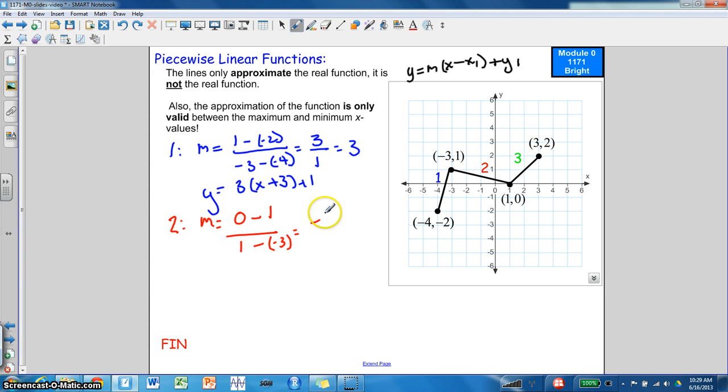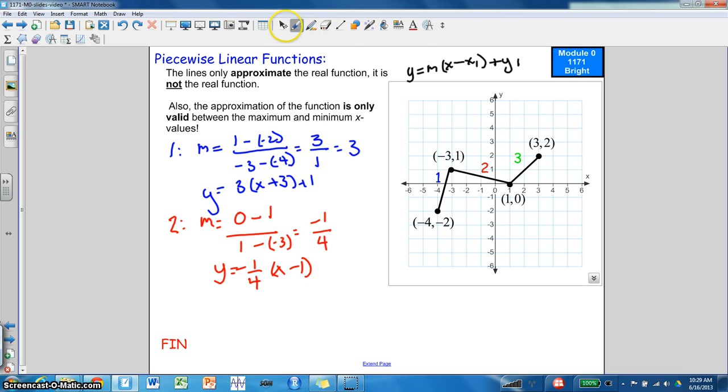Okay, and here I get out a -1/4. So then the equation for this line is y is equal to -1/4 times x minus 1, and then plus 0, so I'm just going to leave it like that.